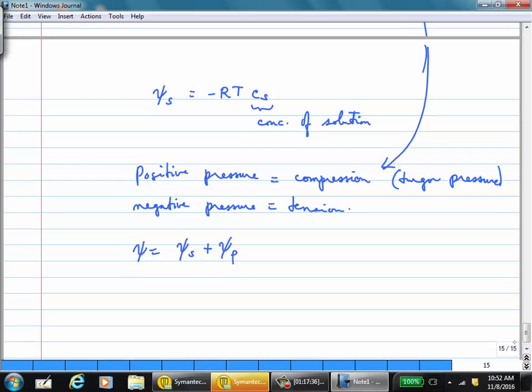Just two more things I need to mention and I'm done, okay? So we note that because of the rigid cell walls, small changes in cell volume lead to large changes in pressure, large changes in turgor pressure.